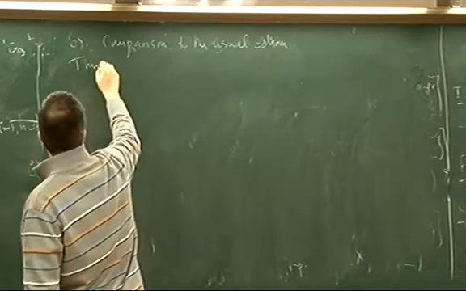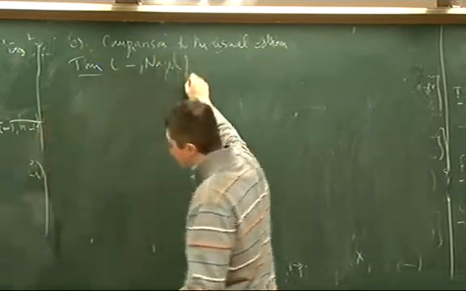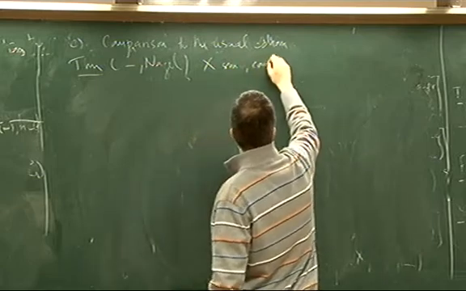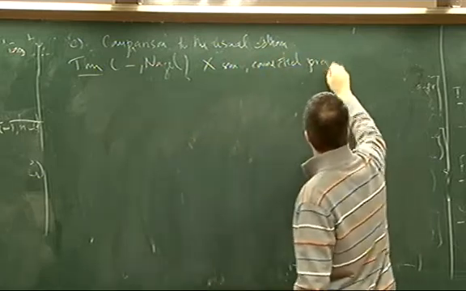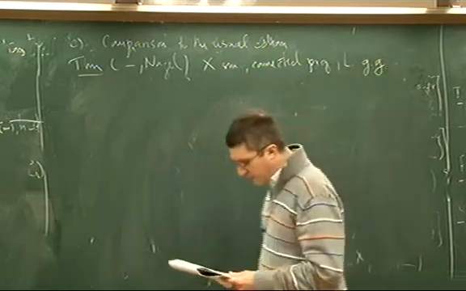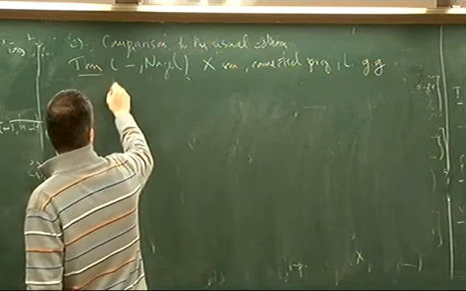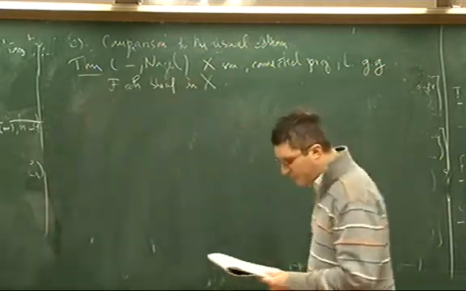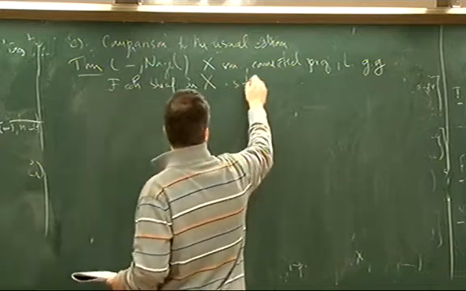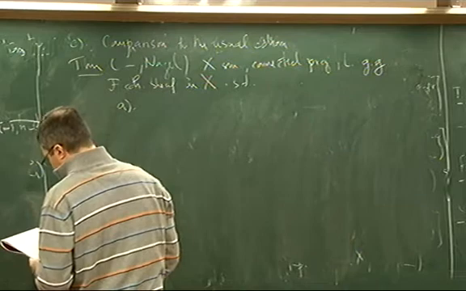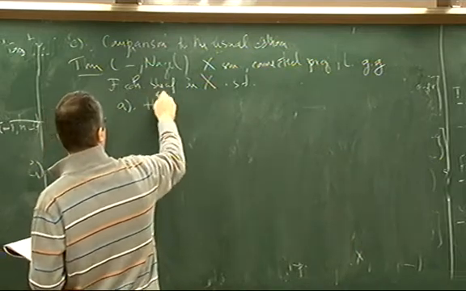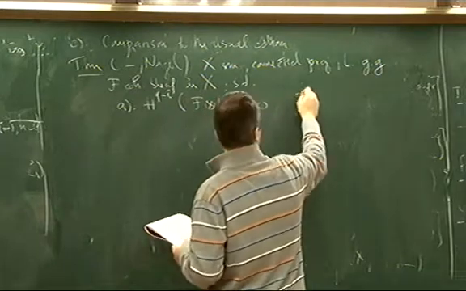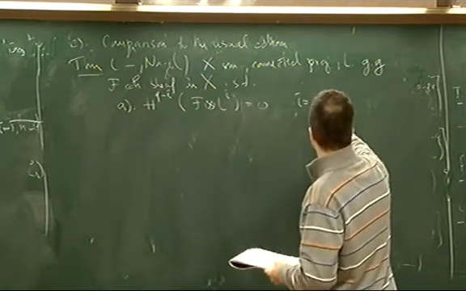Again, X is smooth connected projective, L globally generated, F a coherent sheaf on X, and we assume the following vanishing conditions: H^{q-i}(F tensor L^i) equals 0 for i from 1 to q minus 1.